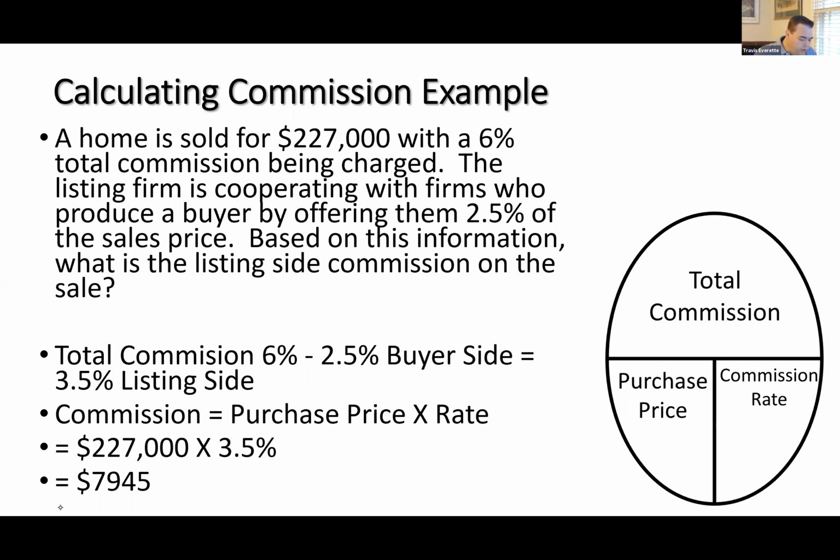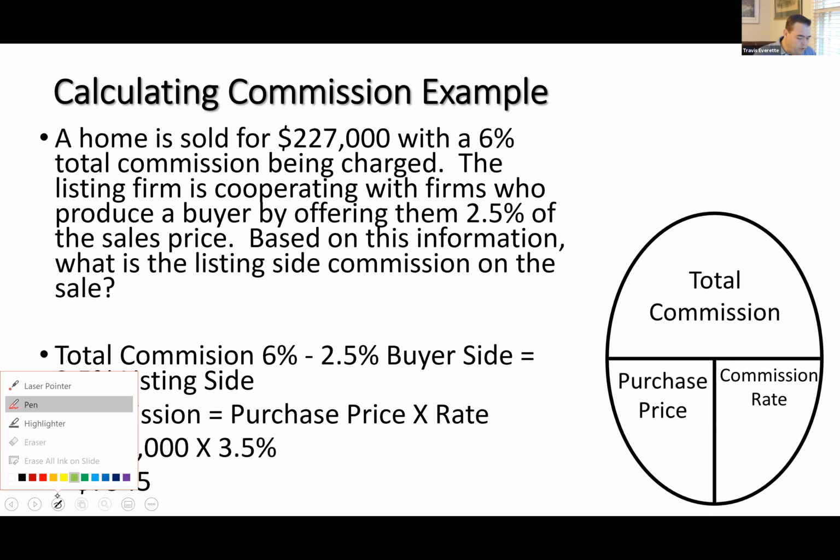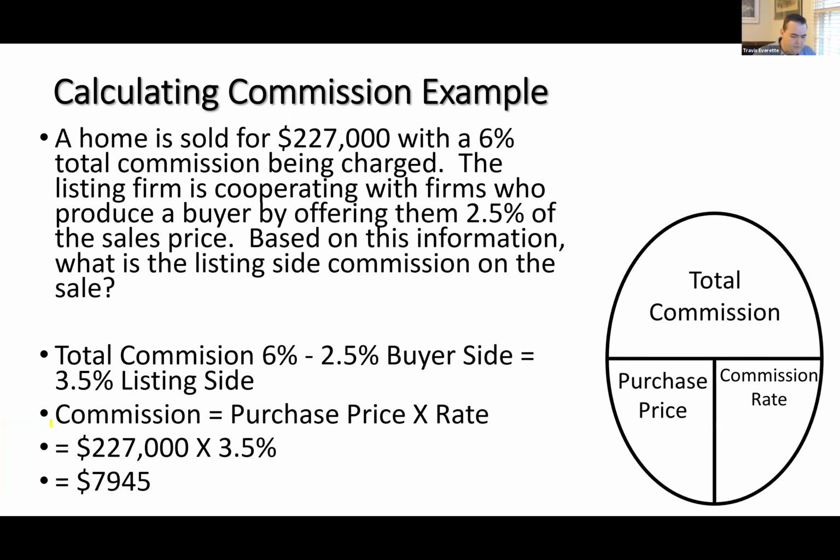When you see single digit percentages, low numbers, 2.5%, 6%, 5%, 4%, 3%, those are percentages that you're going to multiply times the sales price. And if you see down here, that's exactly what we've done. We've taken the sales price and multiplied it. And of course, that's exactly what the T-bar says we're going to do.